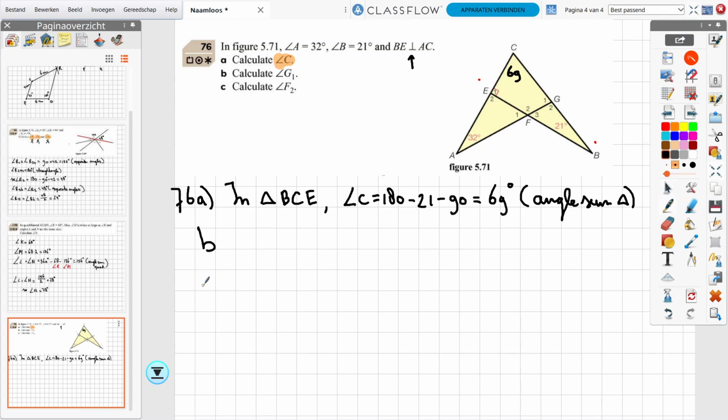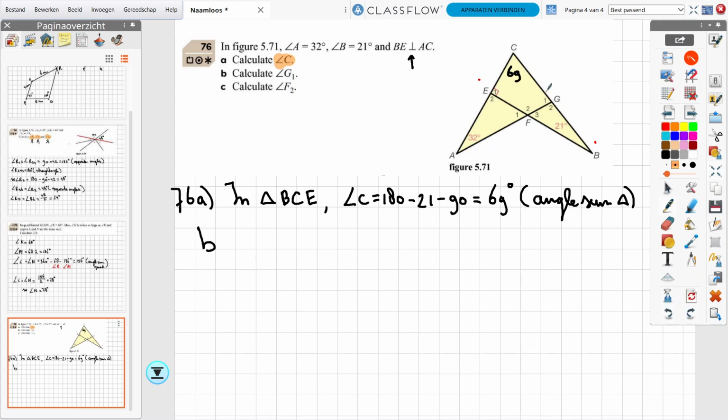At B, they want us to calculate G1. Okay. Let's take a look at a few options. I have a quadrilateral right here that I could use, but that's very difficult because I don't know F2, and therefore I'm not able to know G1 yet.